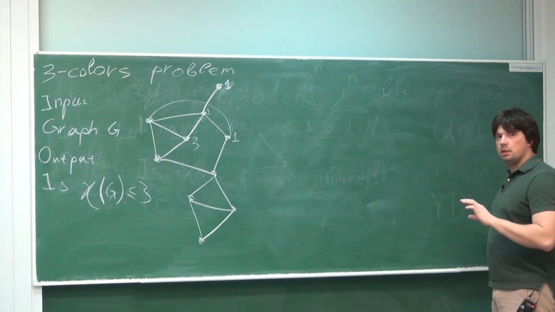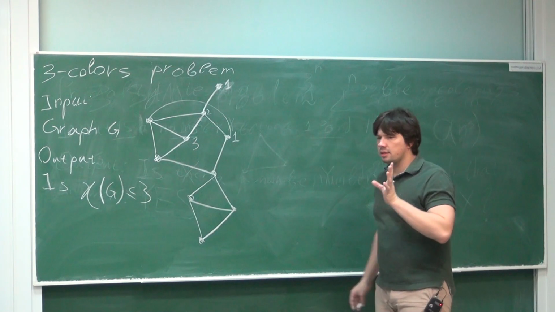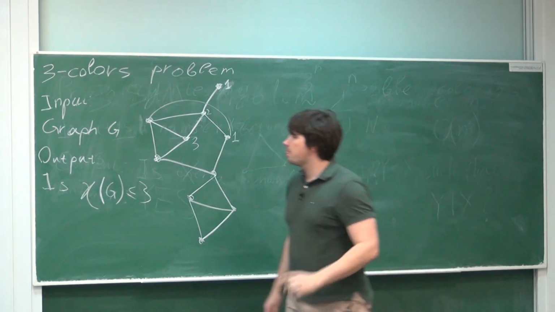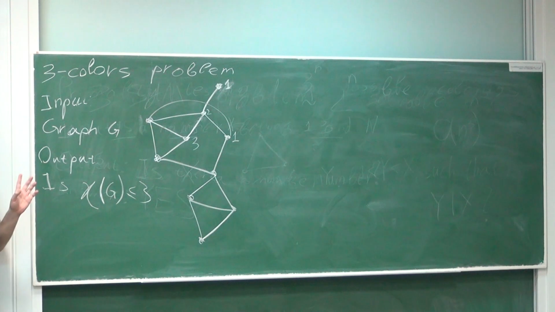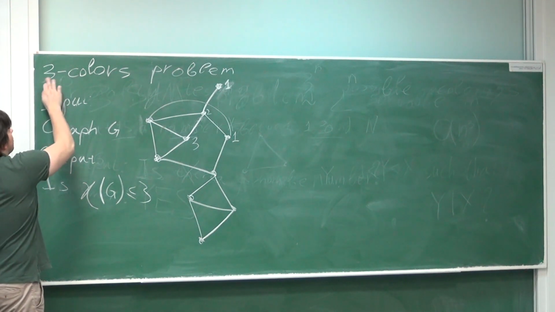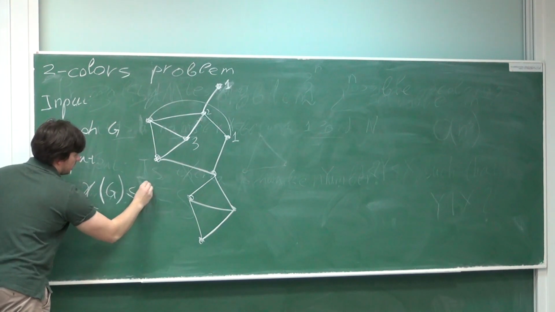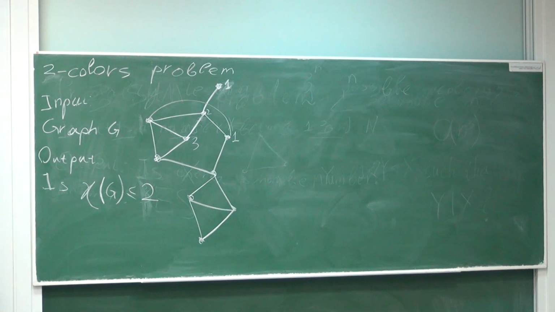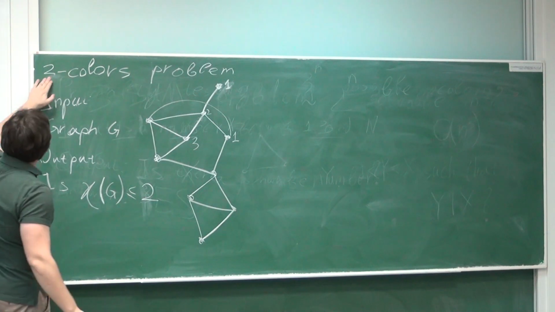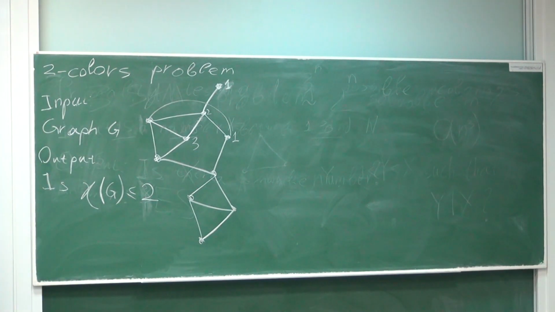So first let's dial it back a little bit. I want to first look at the 2 coloring problem. So can you color a graph with just 2 colors? And surprisingly, this problem is just a lot simpler than 3 coloring, exactly because of the style of algorithm that I just described.